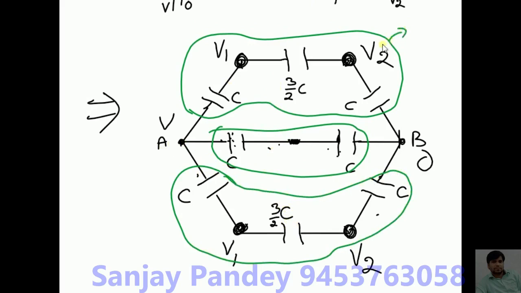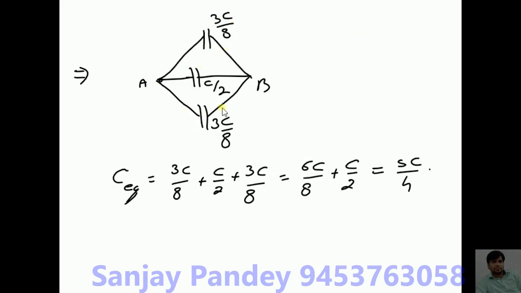The resultant of these three capacitors is 3C upon 8, and the resultant of this part is 3C upon 8, and the resultant of this part is C and C. It will be C upon 2. Now the further simplified circuit is this, and the equivalent capacitance is this.